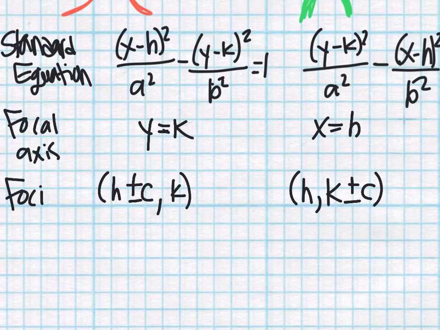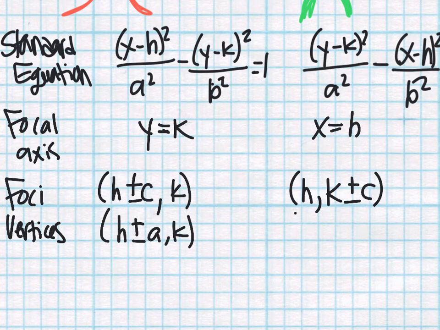Our vertices. So coordinates for the vertices, h plus and minus a comma k, and h comma k plus and minus a.